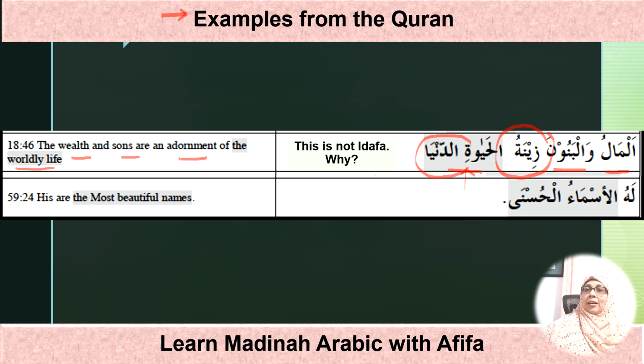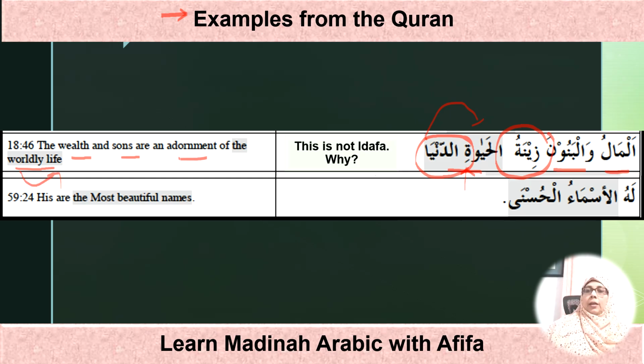And ad-dunya is the adjective describing al-hayati. So al-hayati is feminine because it has the ta marbuta, which is why ad-dunya is also a feminine noun. So that's the adjective describing the life, which is a worldly life.